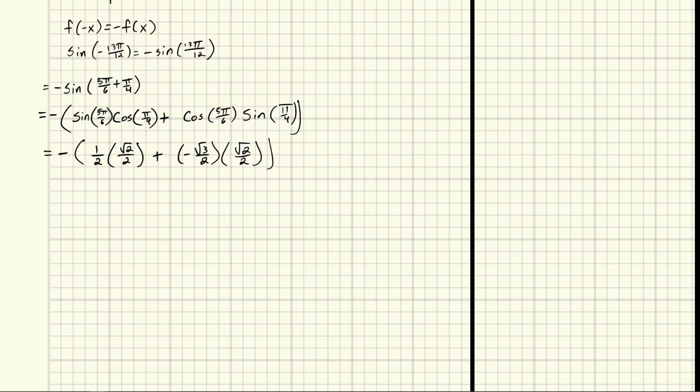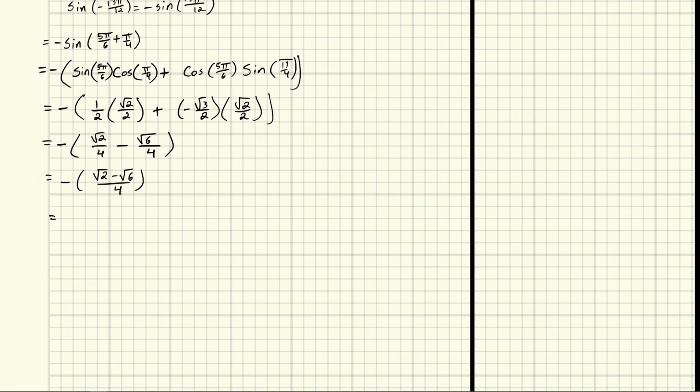And if we go ahead and calculate this, we're going to get negative, and then on the side we're going to have rad 2 over 4 plus, actually we'll have a minus, and then it's going to be rad 6 over 4. And so this is going to be equal to, and the 4's can be combined, so we're going to have negative, and we're going to have rad 2 minus rad 6 under 4. We're going to have a negative rad 2 plus rad 6 under 4. And this is our final exact answer.